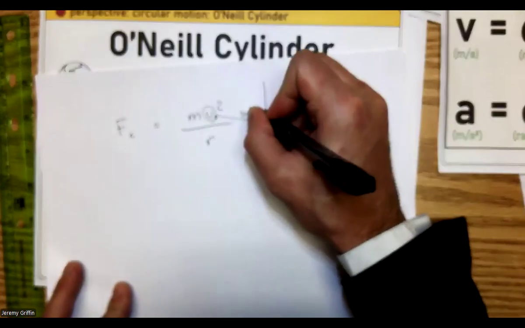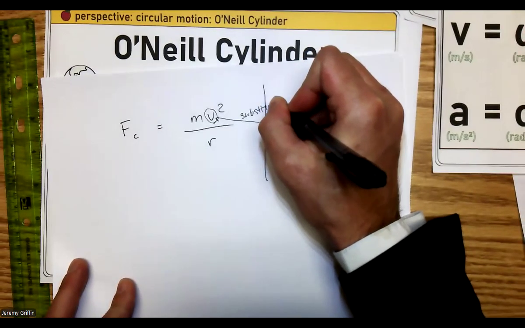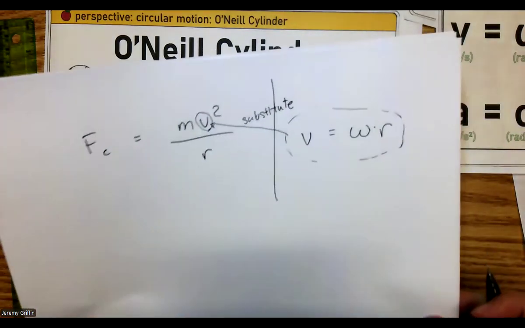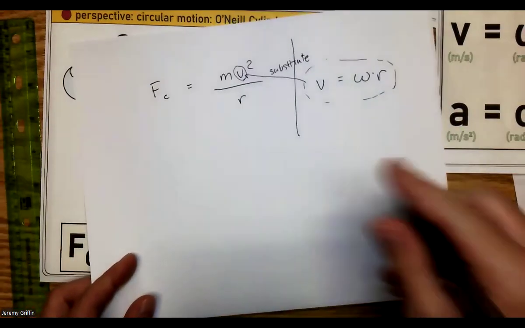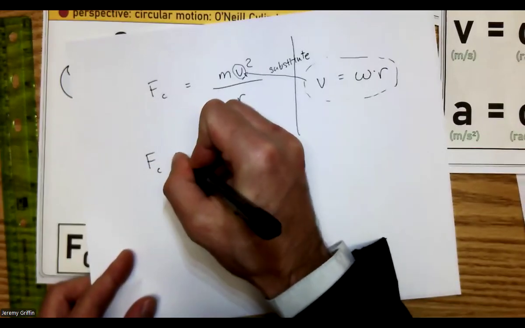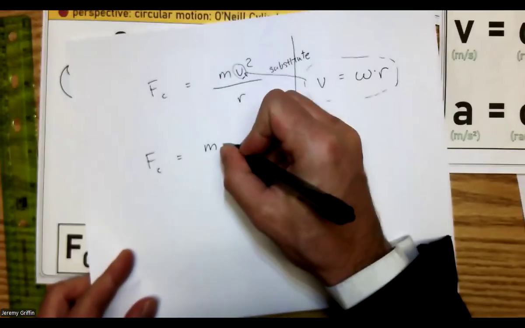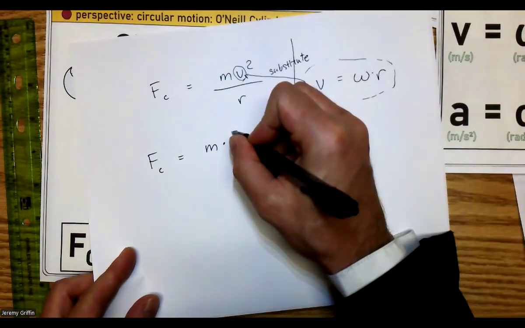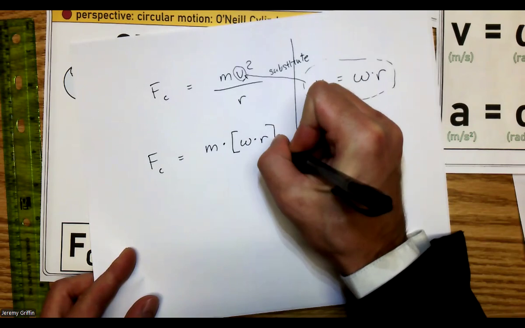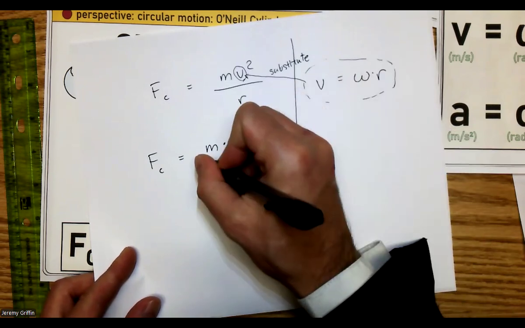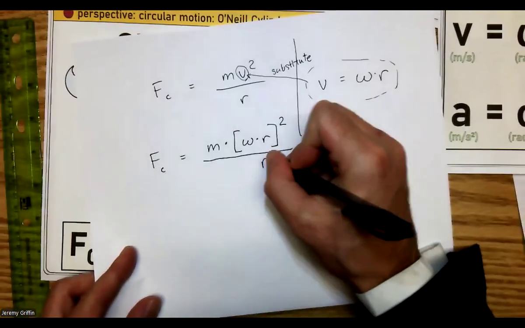Substitute. There you go. All right, you guys do that? What's that going to look like? Centripetal force equals, okay, I got m for mass. I don't have v anymore. I have omega times r, and it's all squared. Don't forget that. And then divided by r.